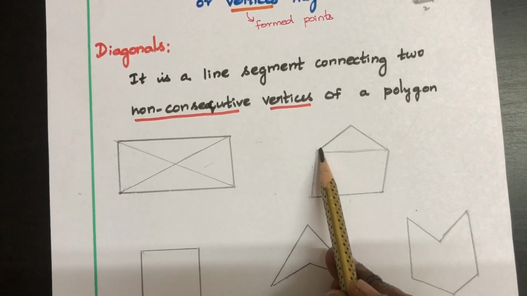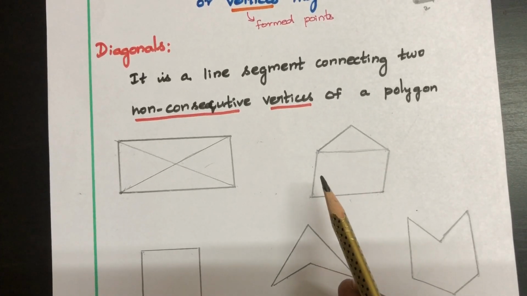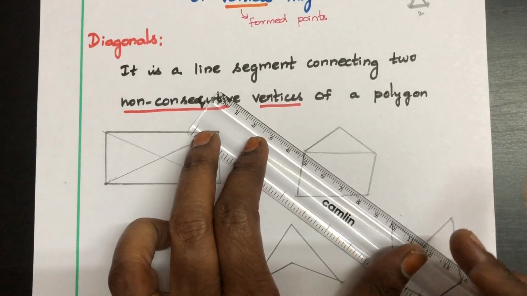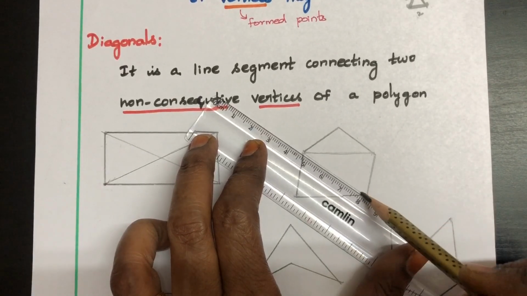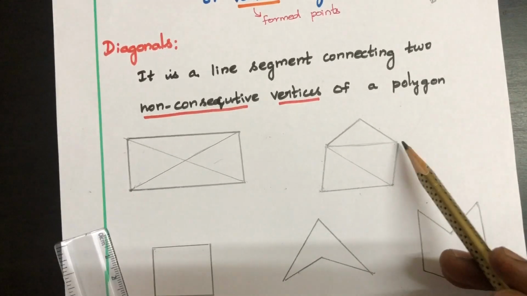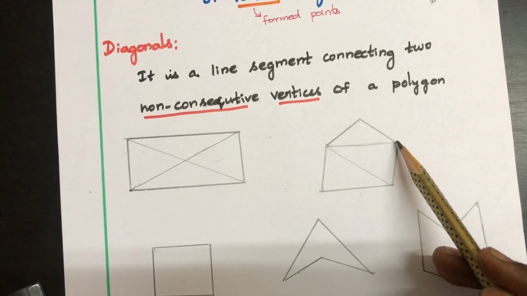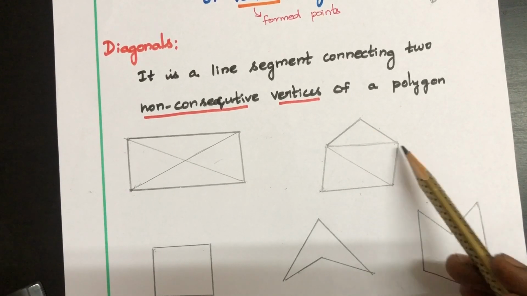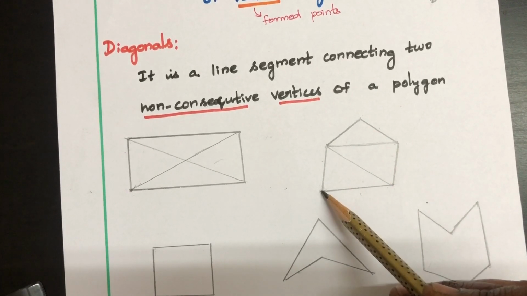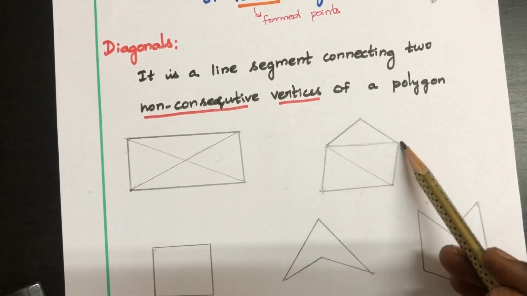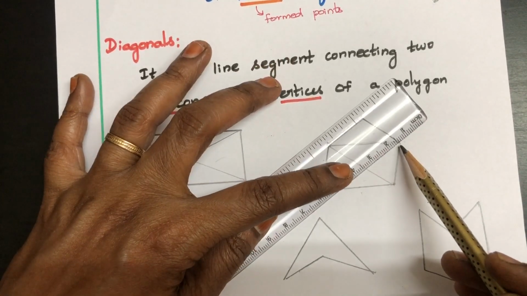This is one diagonal and this is another diagonal. In the same way, for this vertex, the consecutive are this and this, non-consecutive are this and this. So it will go like this.